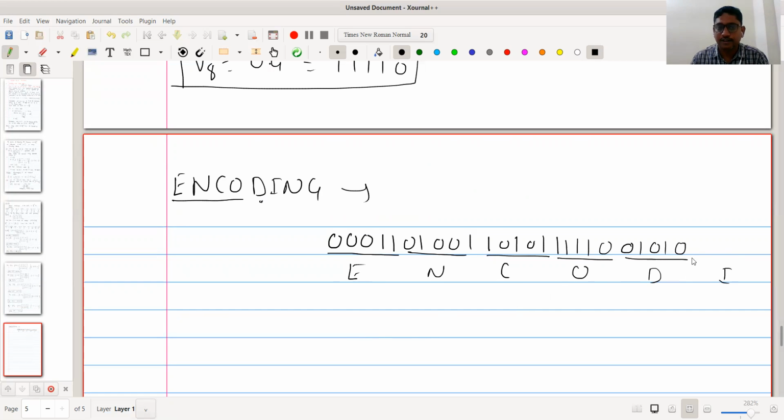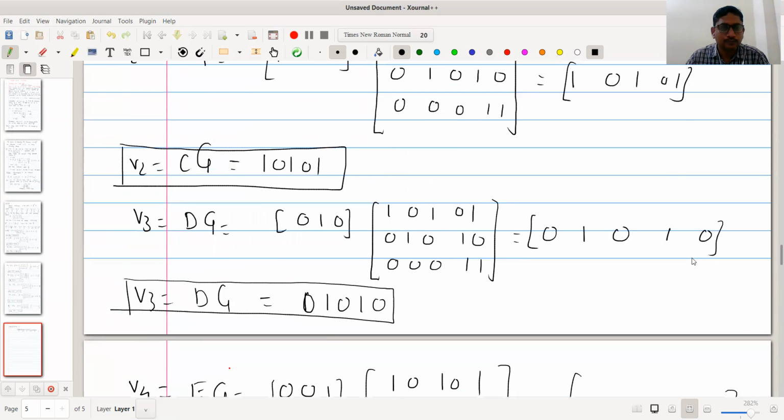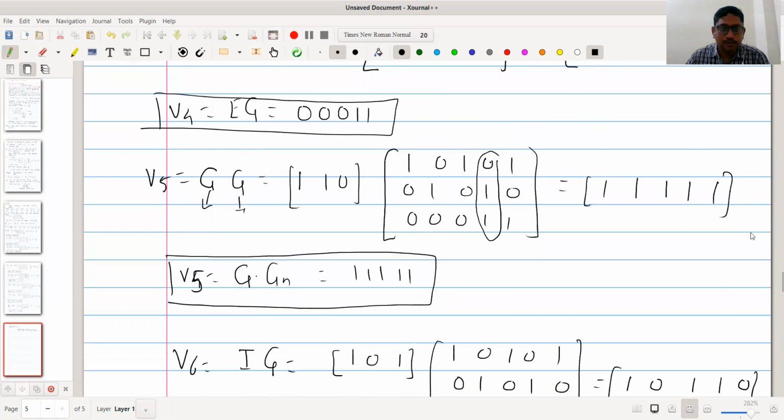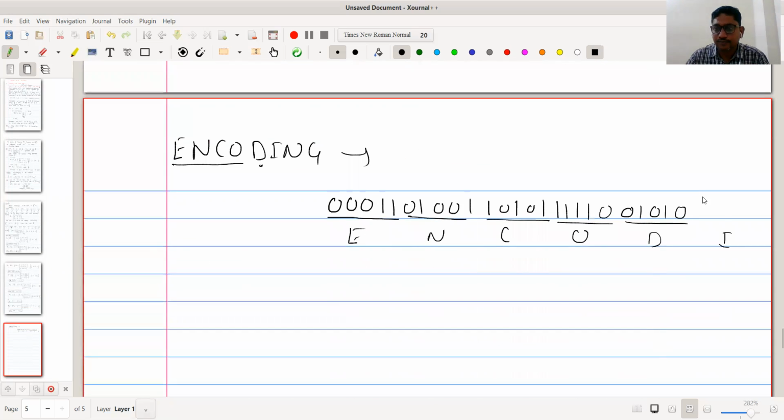Now next will be I. Continuously you should write I. Where is I? Okay, we find for I. I is encoded as 10110. The next two words remaining are N and G. What is N?